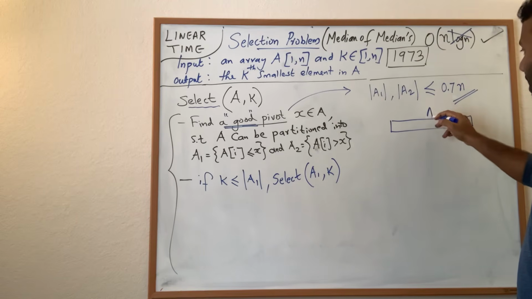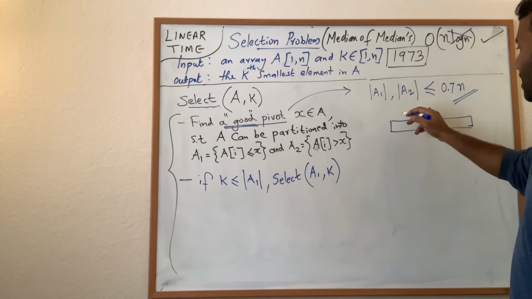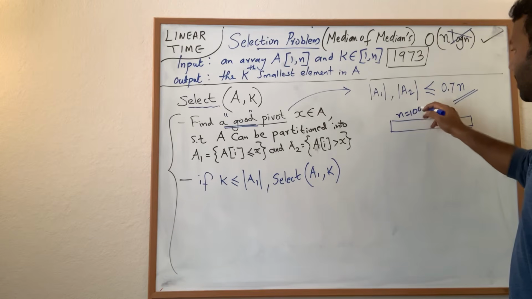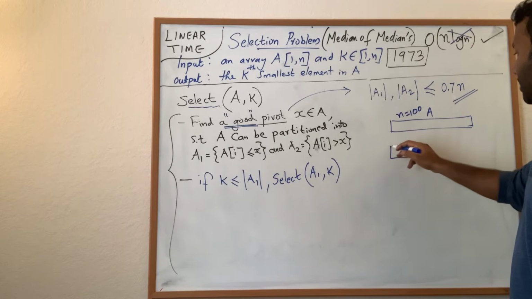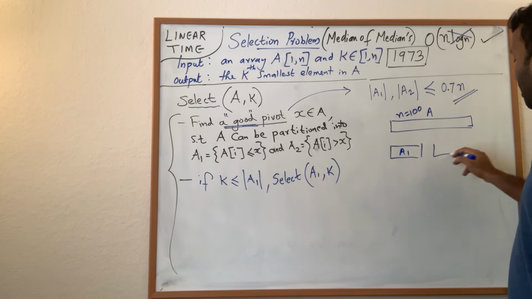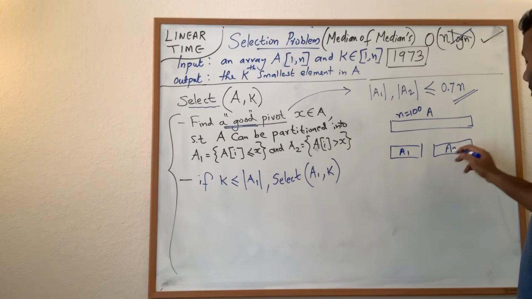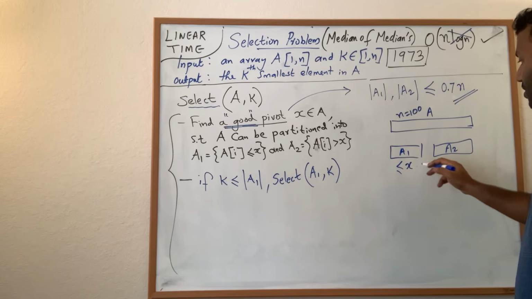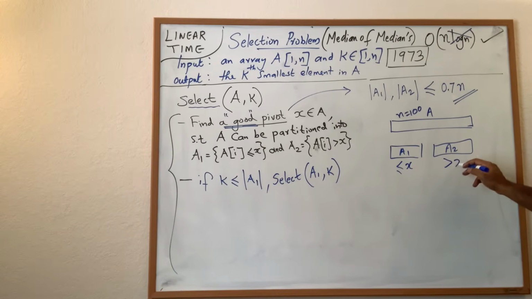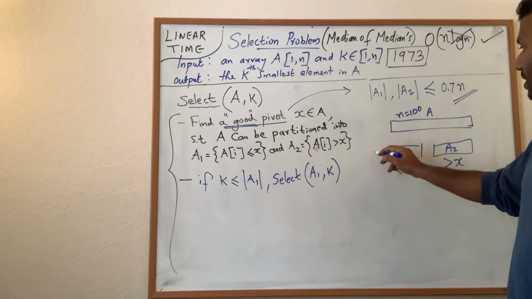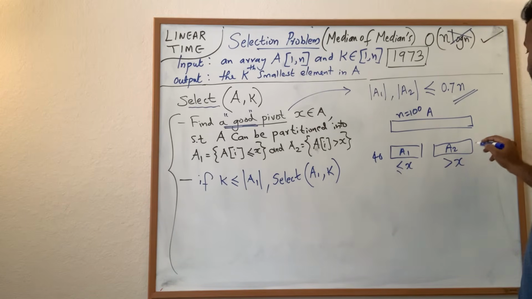So I will illustrate with a small example. Suppose this is my A, and imagine n is, let's say, 100. Now I have divided this into A1 and A2, where A1 has all the numbers less than or equal to x and A2 has all the numbers greater than x. Suppose A1 is 40 and A2 is 60.